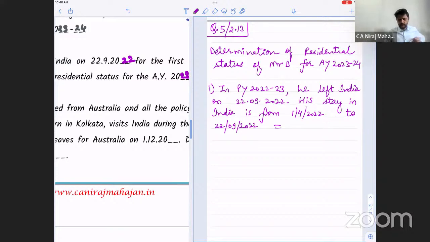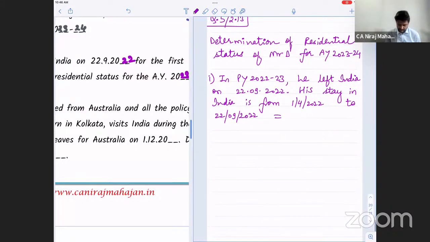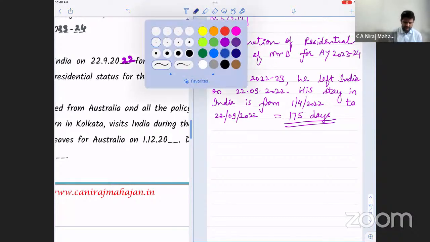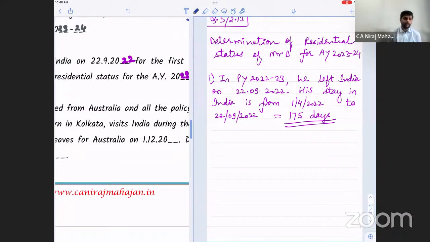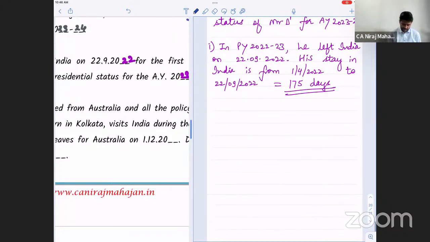175 days? Yes, that is 175 days. 175 days is correct. You are right. Good. Fine. So we can understand here basic condition number 1 is not satisfied. That is okay. But you have to write about basic condition number 2 also. Next point.